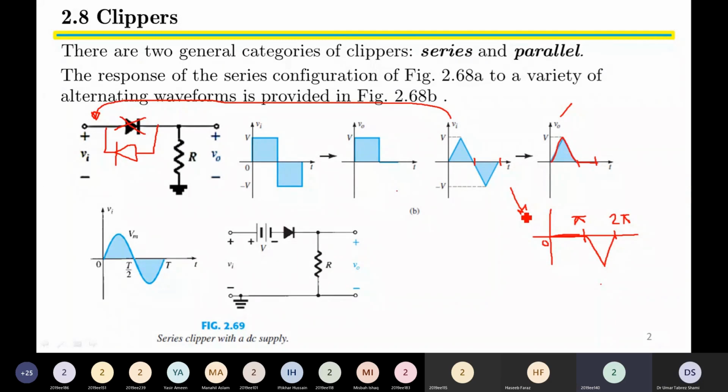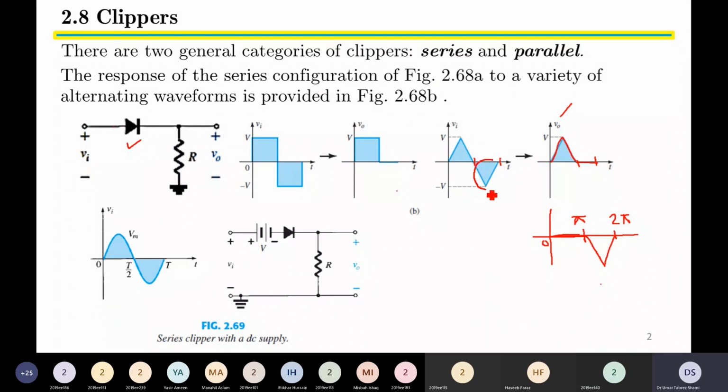Then what is clipped, positive or negative? When we connect the diode as shown in the original diagram, with the anode terminal connected to the battery and the cathode terminal connected to the load, what is being clipped, what is being removed, is the negative part of the input signal.